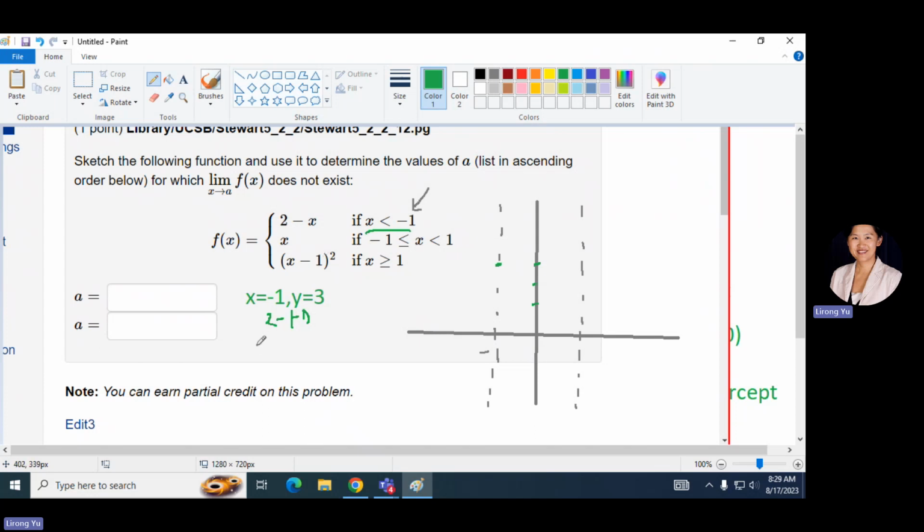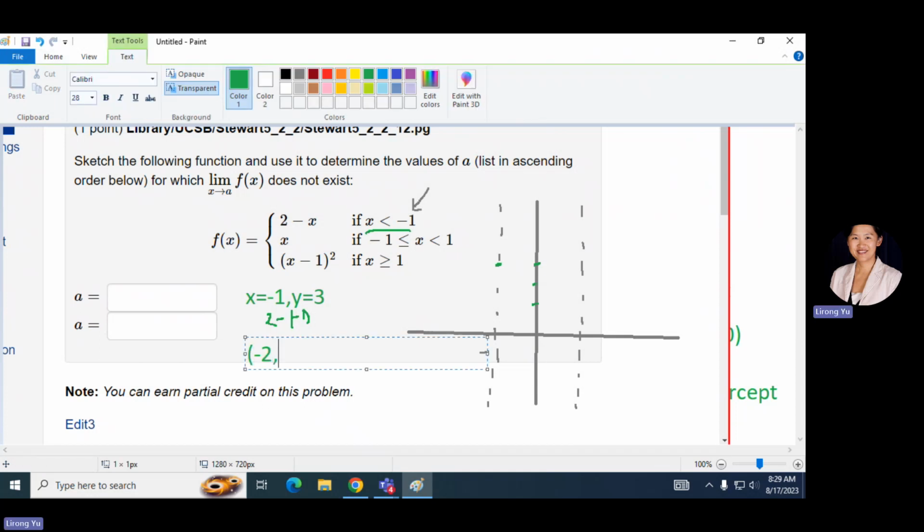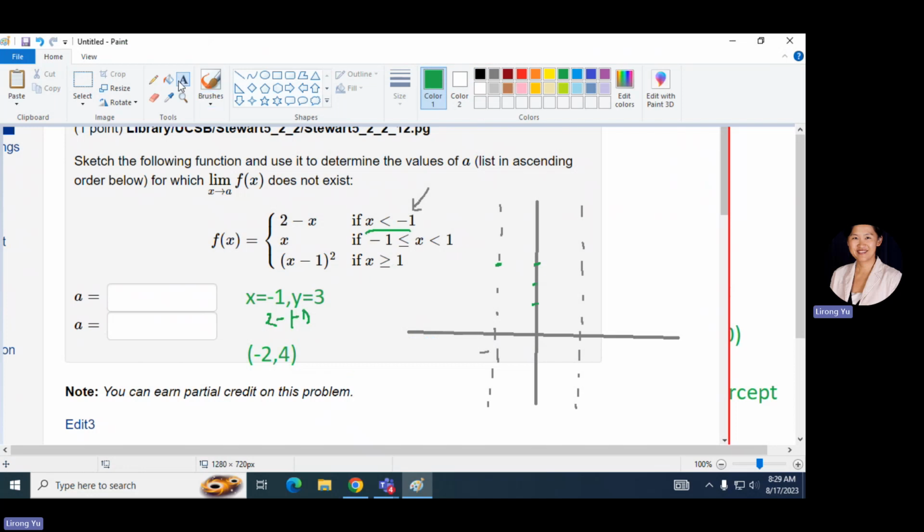If x equals -2, then 2 minus -2 is 4. So we have the point (-2, 4). This is already 3, so 4 is one above it. Then we connect them.